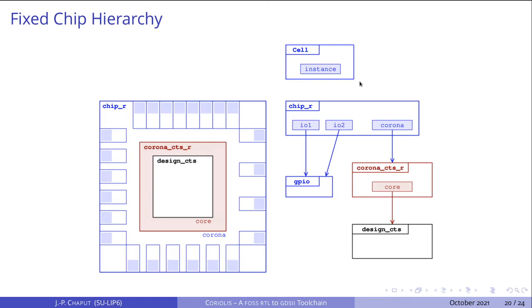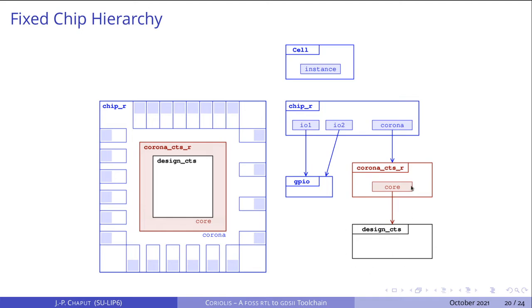This is the way we describe the hierarchy in this schematic. So on the left-hand side you have the layout, and on the right-hand side you have the associated hierarchy. So we start by what you supply, which is the core. The black part is the core, and this is the netlist that you did supply.